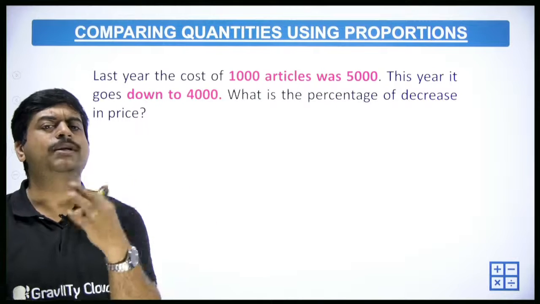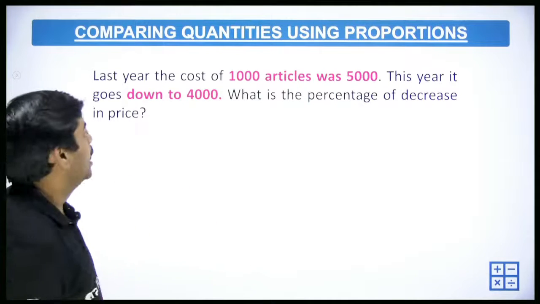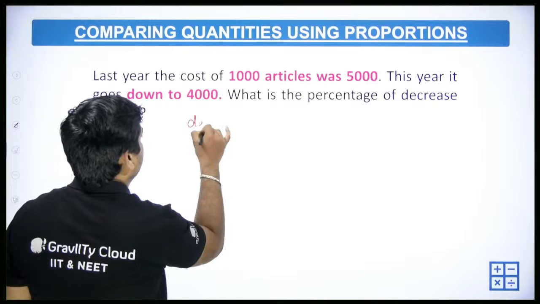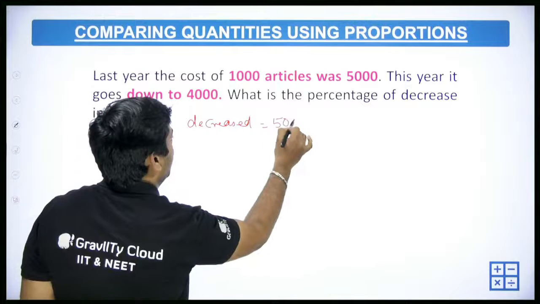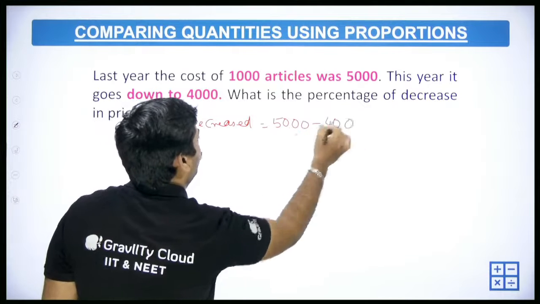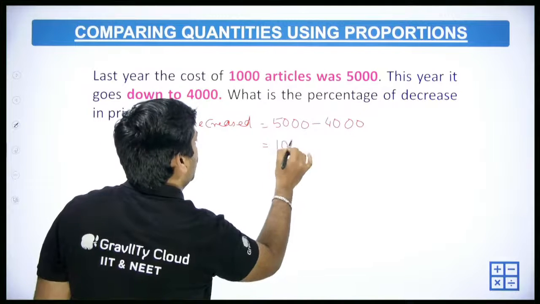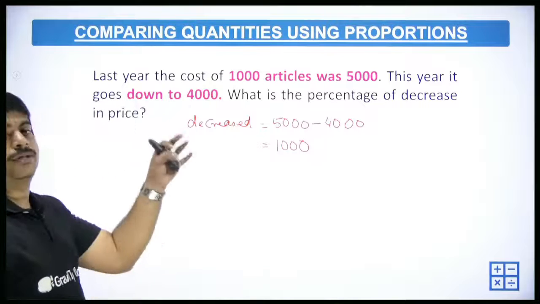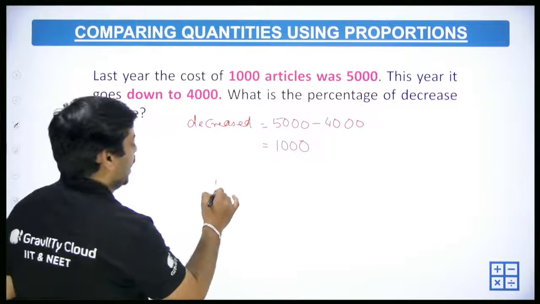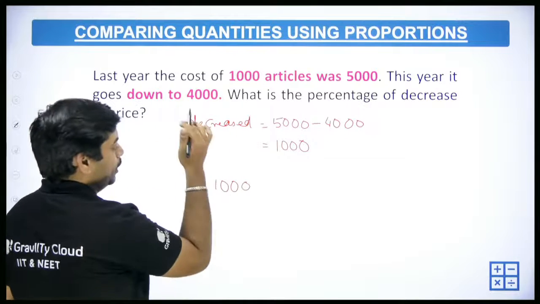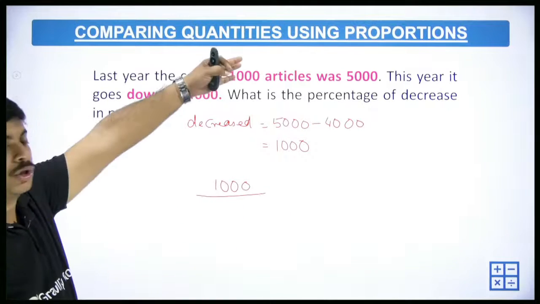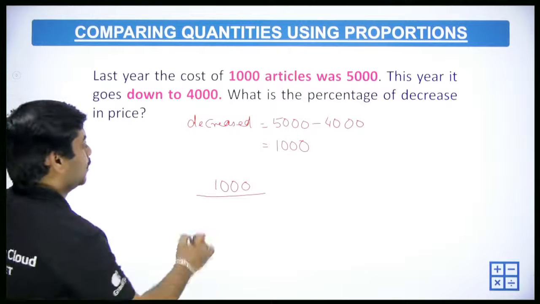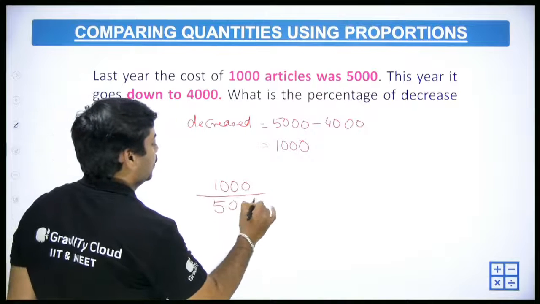How much did the price get decreased? It was 5000, now it is 4000, so 5000 minus 4000 is 1000. So percentage of decrease means 1000 by what the actual amount used to be, 5000, into 100.